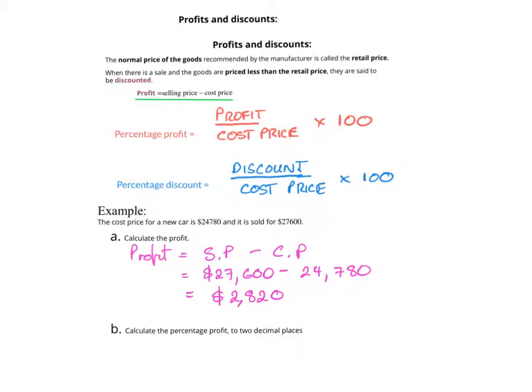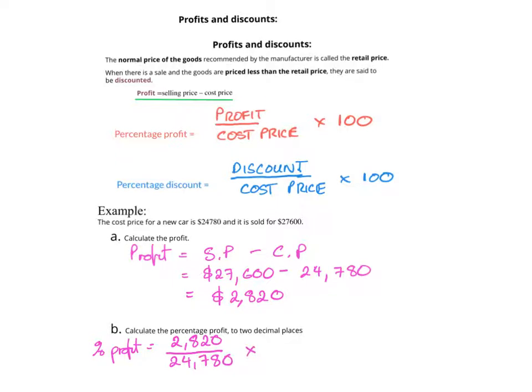Now the next bit wants us to calculate the percentage profit to 2 decimal places. Percentage profit. So we're looking at that first rule up there. Percentage profit is equal to the profit over the cost price and then times it by 100. So what was the profit in this case? It was 2,820, and the cost price was the original price, which was $24,780.